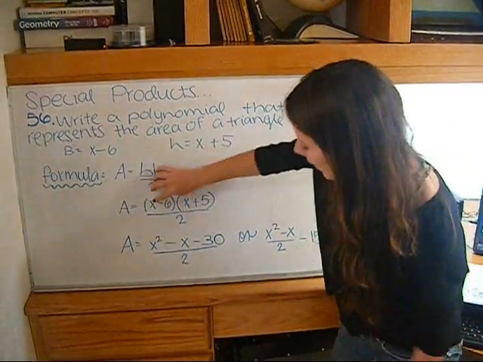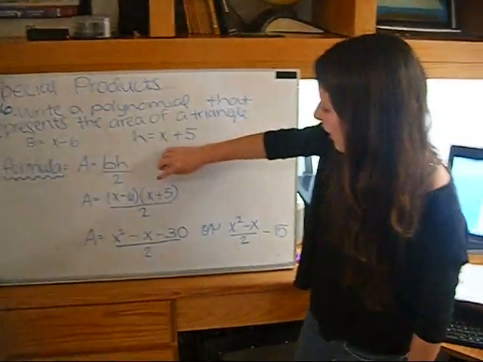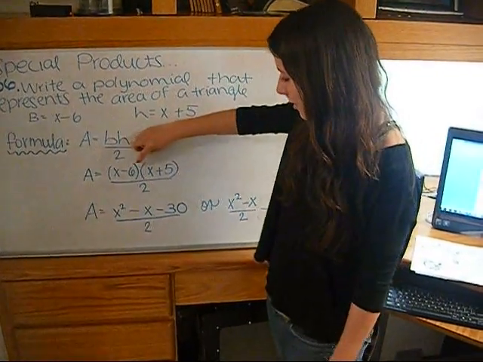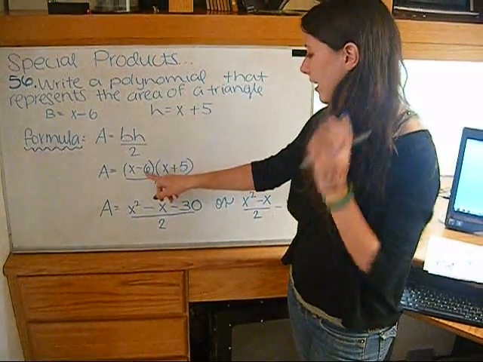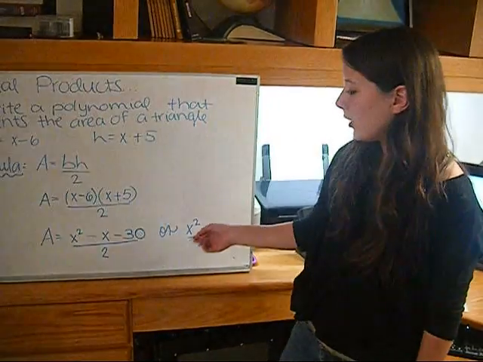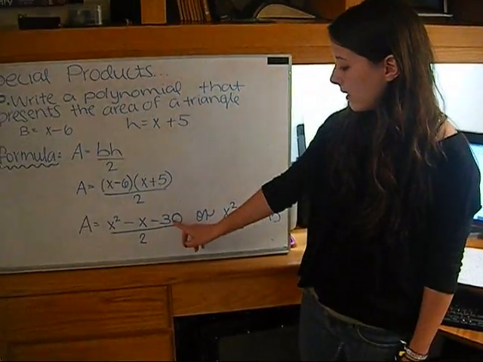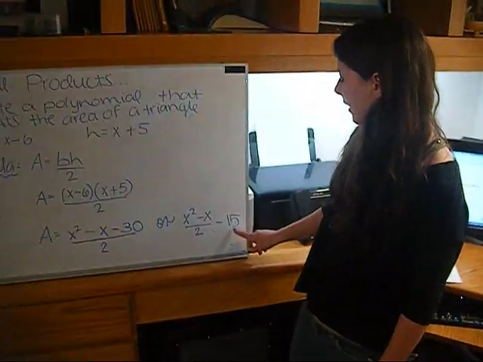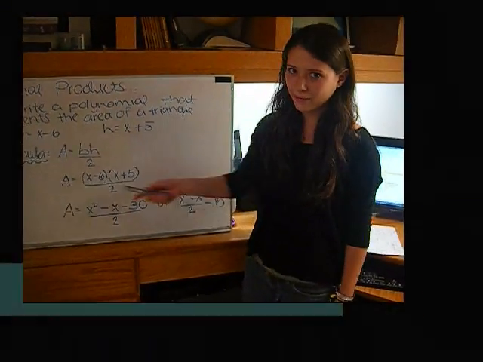We only use FOIL. x times x is x squared, and then x times 5 is 5x, and then minus 6x is negative x, and negative 6 times 5 is negative 30, divided by 2. Or you can also write it this way by simplifying negative 30 divided by 2, which is negative 15, and this one you can't simplify anymore, so this is the final answer.